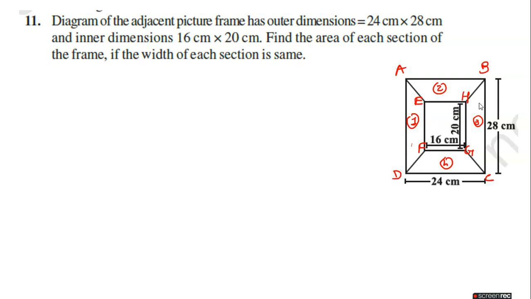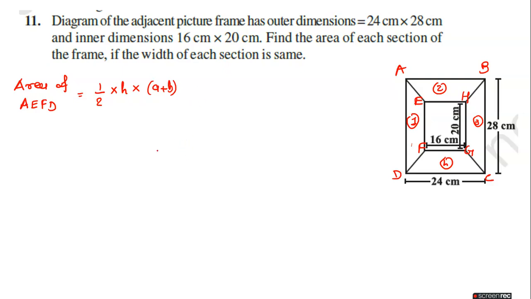Is it too small, are you not able to see this figure, or is it clearly visible? Okay. Then area of trapezium we will call it AEFD. Area of AEFD is equal to 1 by 2 into height into A plus B.